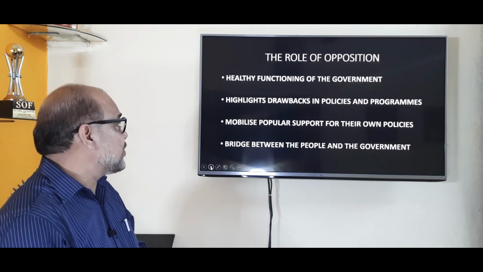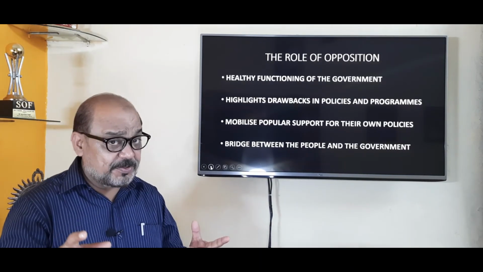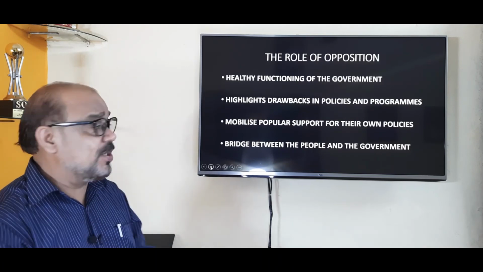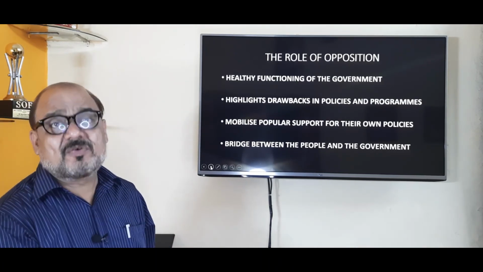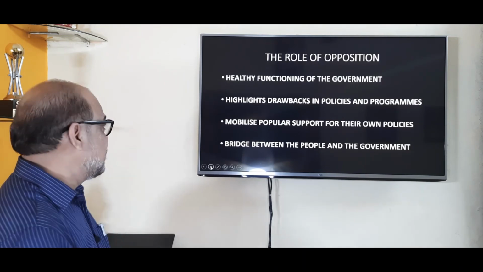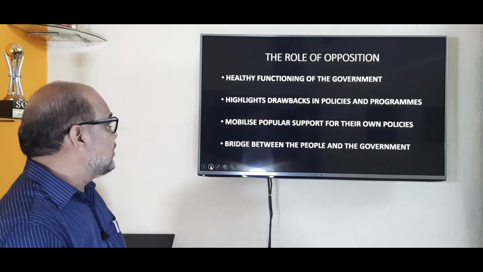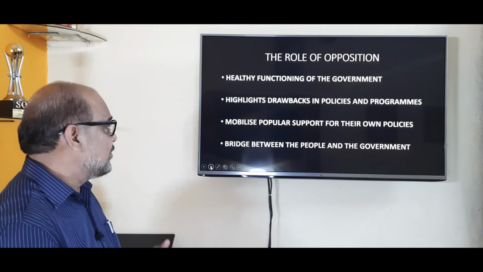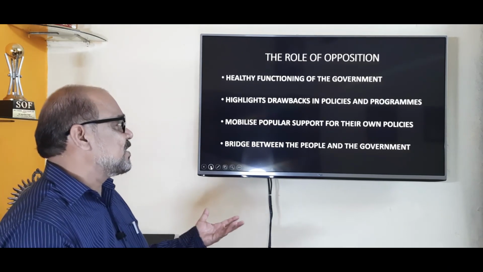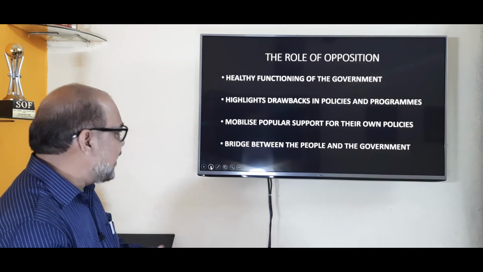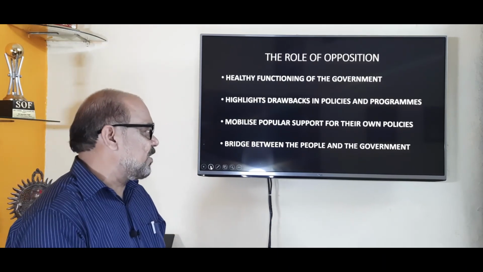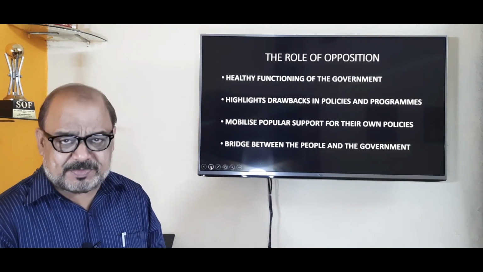The role of opposition is very important. As I told you, for the healthy functioning of the government, the role of opposition is very crucial. The opposition highlights the drawbacks in the policies and programs we have already discussed. The opposition mobilize popular support for their own policies and programs.